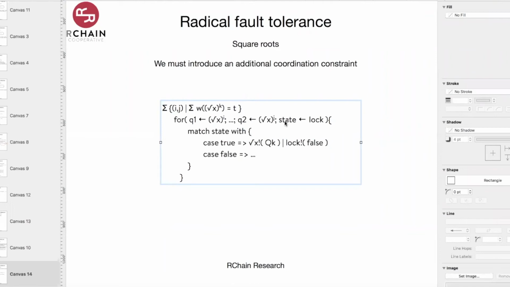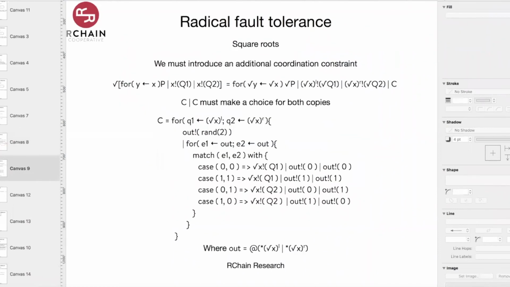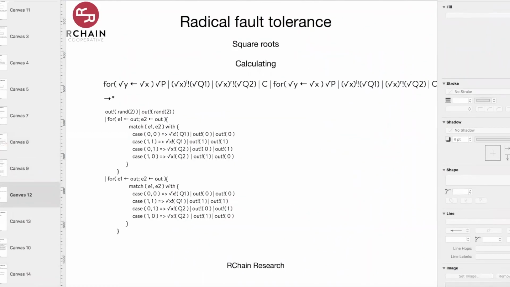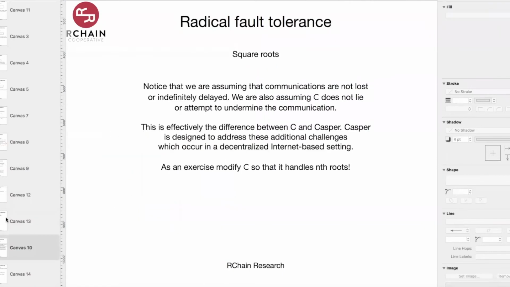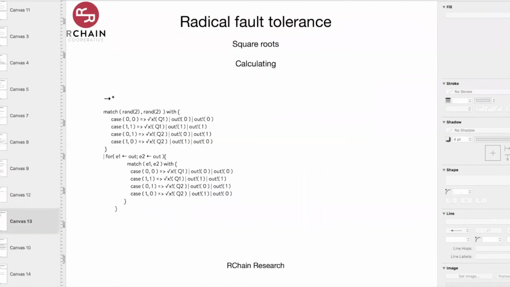You can do exactly what I did with this one. Here's the definition that I did, and then I go through and do the calculation. I actually run this expression and you can see that you get to the right answer. The same thing here.